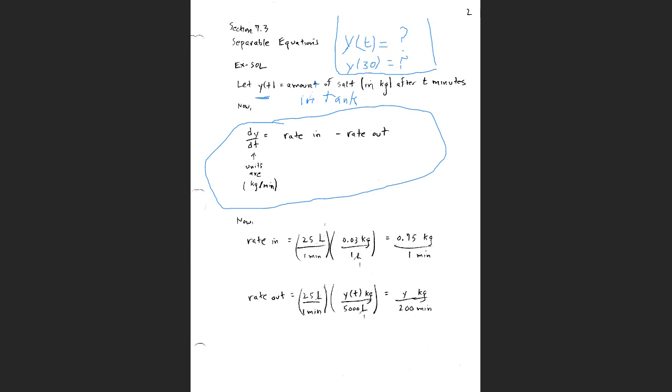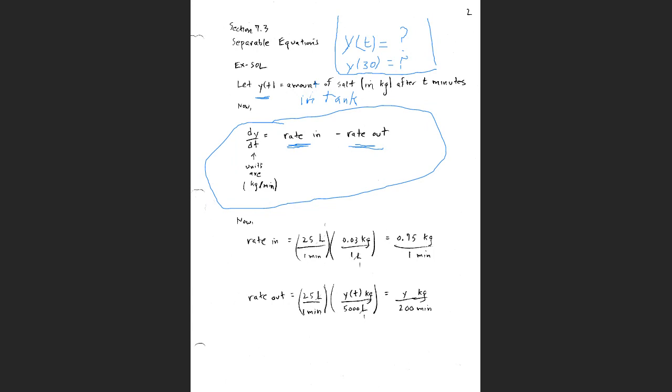So dy dt is the rate at which salt is changing in the tank with respect to time. And we have to recognize that this derivative depends on the rate at which salt is coming into the tank through the briny solution, and the rate at which the salt is exiting the tank as we mix the solution and drain the solution.